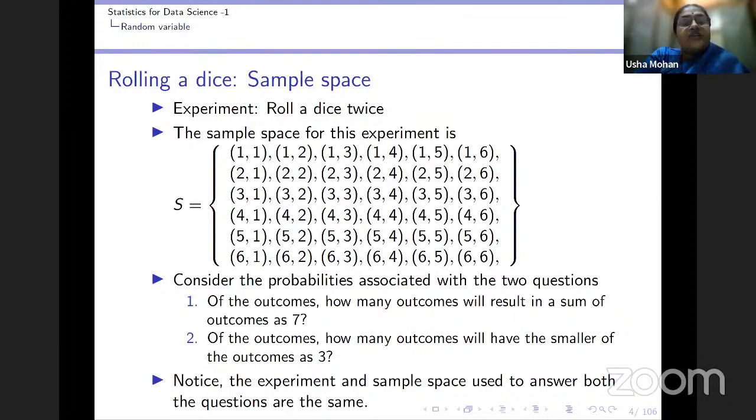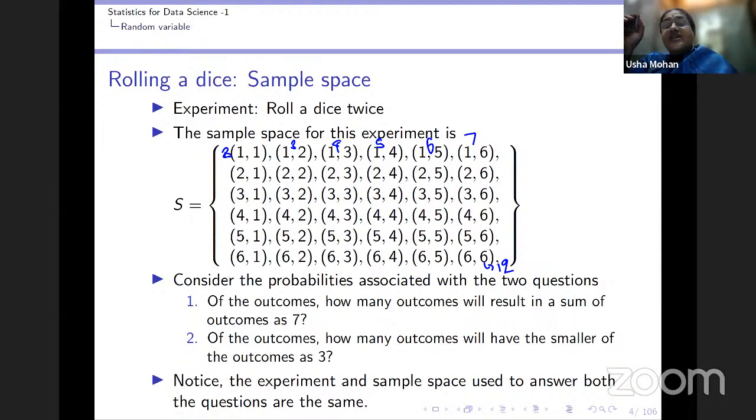Associated with this outcome, I know the sum is going to be a 2, this is going to be a 3, this a 4, this a 5, this a 6, this a 7, and so forth. This outcome is going to give me a sum of 12. So the quantity of interest here is the sum of the outcomes, and every outcome I can map to a numerical value.